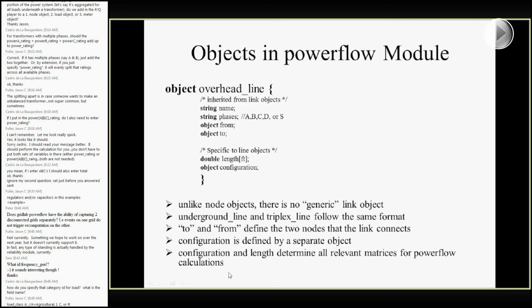And then configuration and length determine all the relevant matrices. So basically it's that slide we had way back near the beginning where we had the picture of the distribution line. It got converted into the little schematic diagram, and then that got converted into the 3x3 matrix. So with all of this information, you're basically collapsing what is a physical overhead line down into a 3x3 matrix that the Powerflow solver will use.